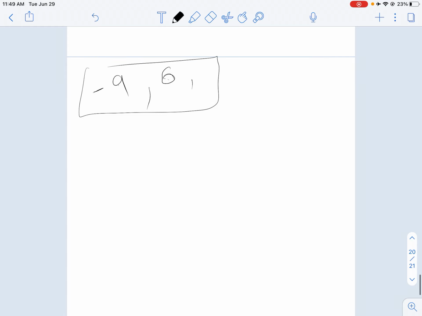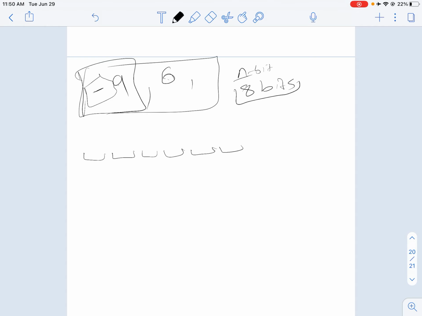Okay, what do I do? When I start 2's complement, you ask how many bits, n bits. Let's say 8. I want to do all this in 8 bits. Alright, so the first number is minus 9. There's a minus sign, so I already know the value of the most significant bit.